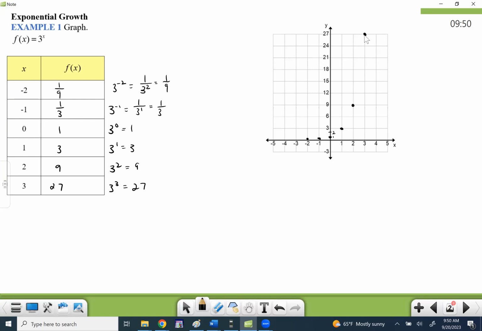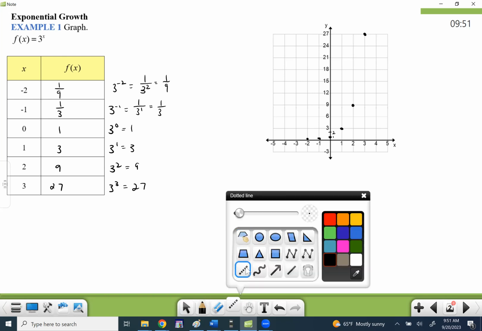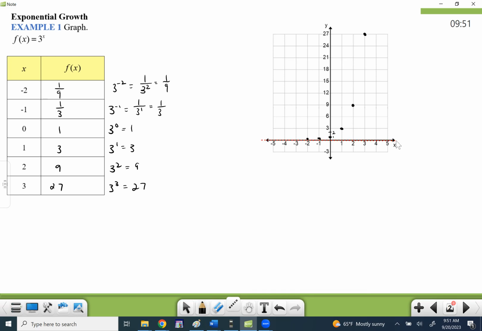Okay. Now this one, you've got to understand that there will be a horizontal asymptote for all of these exponentials. And in this case, where there's nothing attached to the back end of this 3 to the x, your horizontal asymptote is always going to be 0.